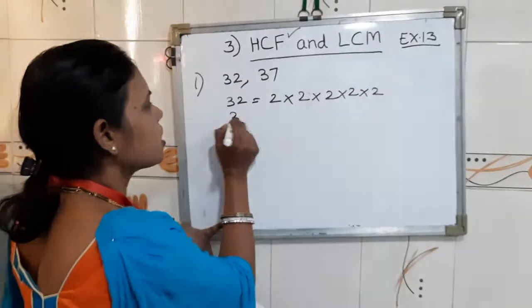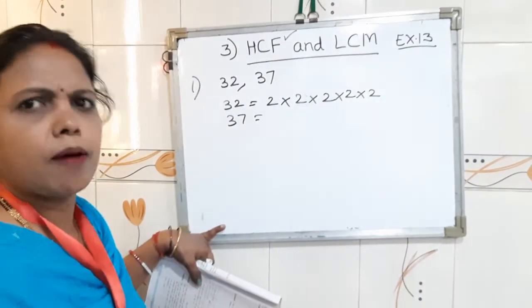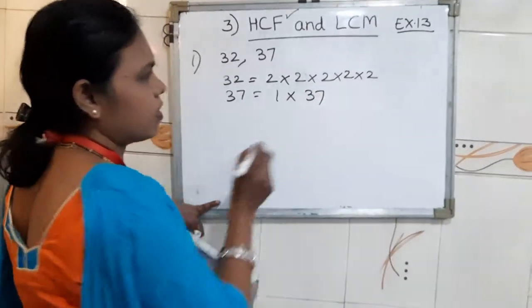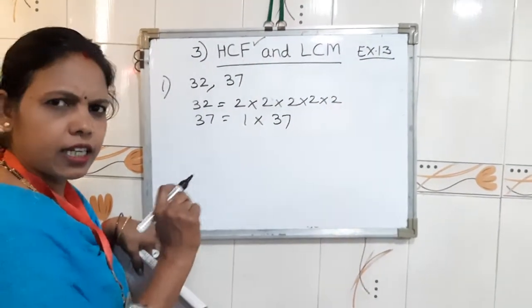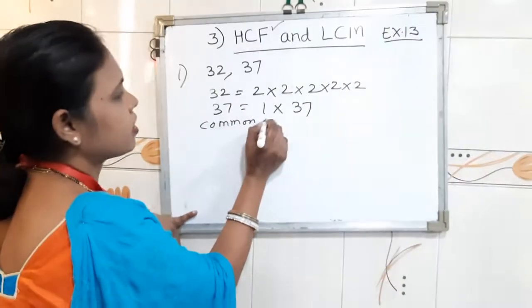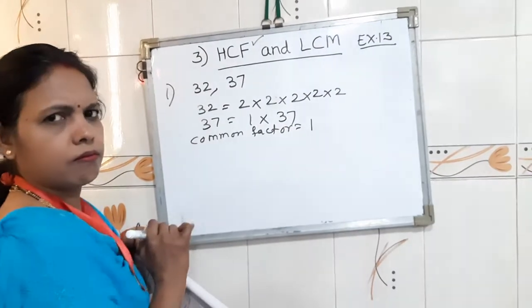But 37 is a prime number. Therefore for this one, 1 into 37. Now we are going to find out the common factor in between both. Common factor equal to 1.